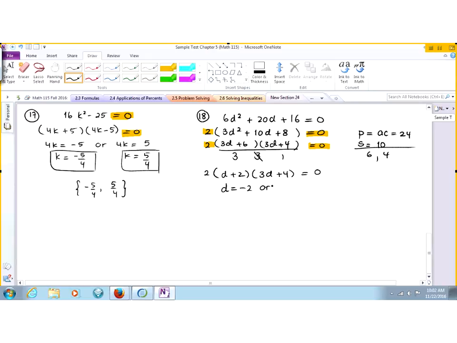D is equal to negative 2, or 3D is equal to negative 4. So D is equal to negative 4 over 3. So this is negative 2. Oh, look at my curly bracket. This is negative 2 and negative 4 thirds.